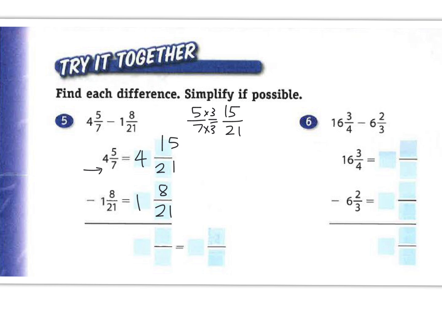Then I'm going to subtract. 15 minus 8 is 7 over 21, and then 4 minus 1 is 3. Well, 7/21 can be simplified. We can divide top and bottom by 7. 7 divided by 7 is 1. 21 divided by 7 is 3. So our final answer is 3, and then the 7/21 changes to 1/3.